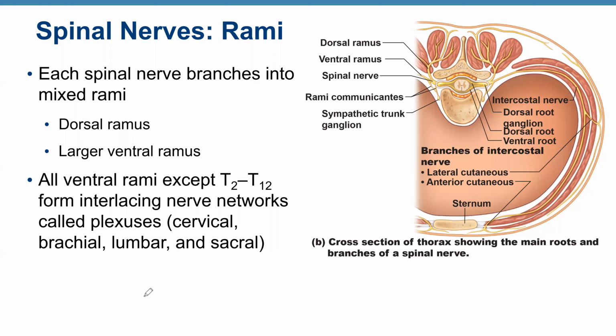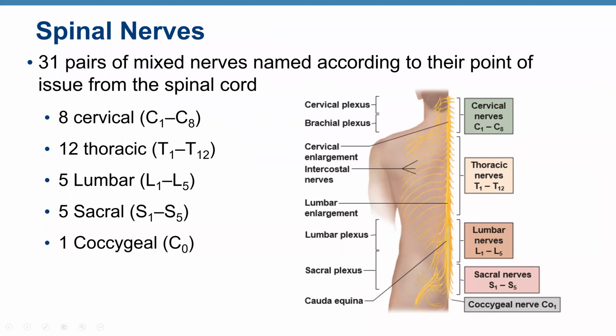Now, if you forgot what this T2, T12 is, let's move back over here. Here are our cervical nerves. They emerge above C1, below C1, right? Below C2, below C3, below C4. That's called C1 through C8 cervical nerves. Now we have the thoracic vertebrae. Remember, we have 12 thoracic vertebrae.